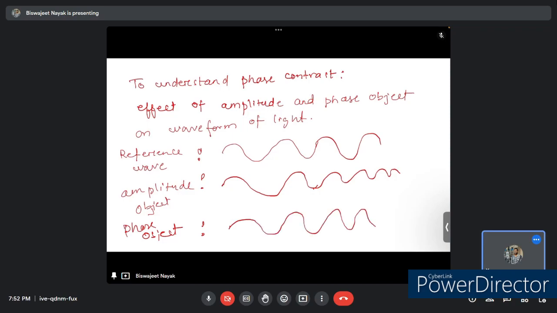So here the amplitude can be reduced or increased. Similarly, the phase can be decreased or increased, which we also call retarded or advanced, or in a waveform, lagging and succeeding.